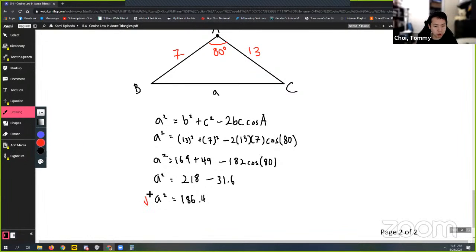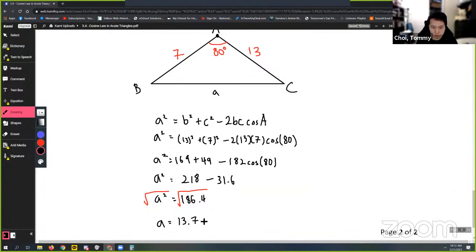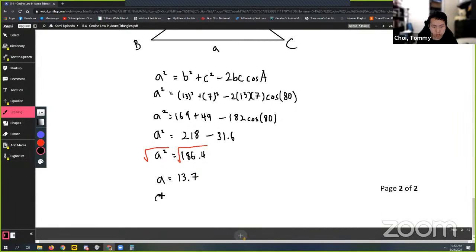And then I square root both sides to get rid of the square. And that's going to give me my final answer. So 186.4, square root that, and I get 13.7. Which, of course, to the nearest kilometer is rounded up to 14 kilometers.